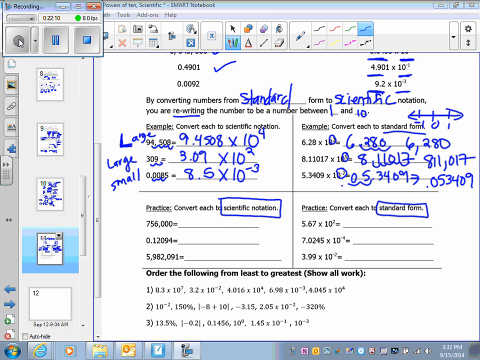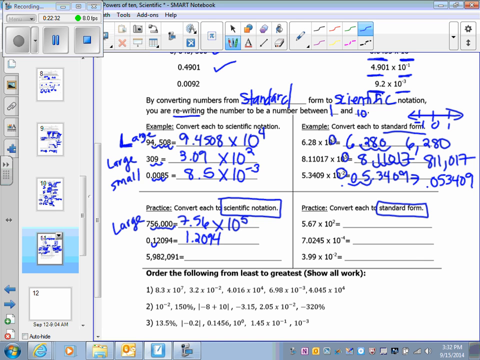So again, we're making this scientific, so we need a number between 1 and 10. So we're going to move 1, 2, 3, 4, 5. So this is 7.56 times 10 to the 5th power. Remember, it is a positive 5 because the number we started with is large. Okay? This value I'm only going to move once. So this is 1.2094.